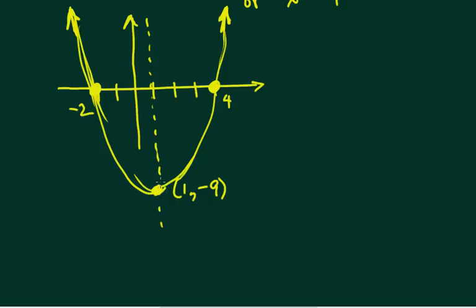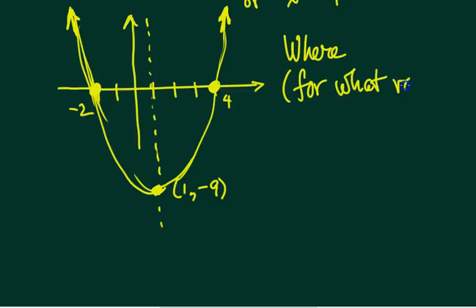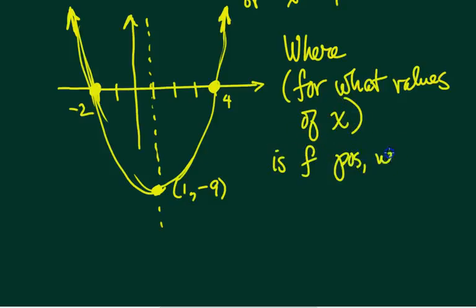But what we're mostly interested in with polynomials in pre-calculus is this. Where, that means for what values of x, is the function positive, negative, or 0. Okay, the zeros we have.